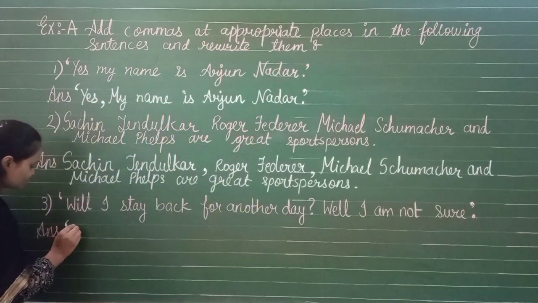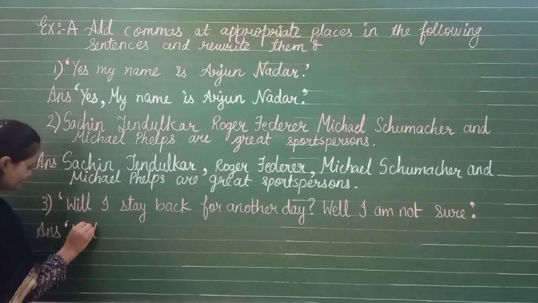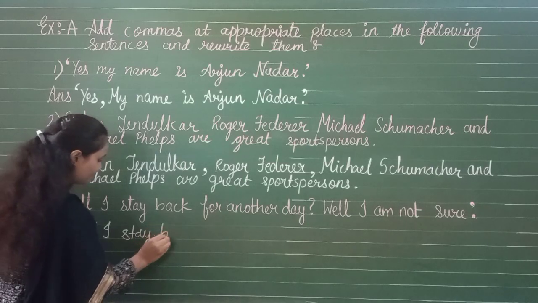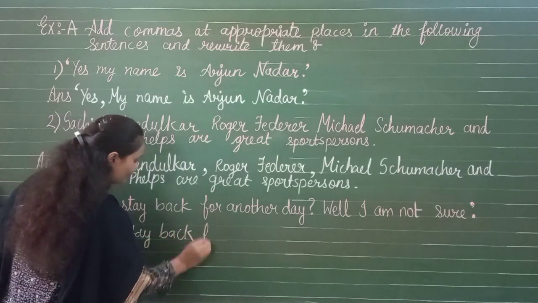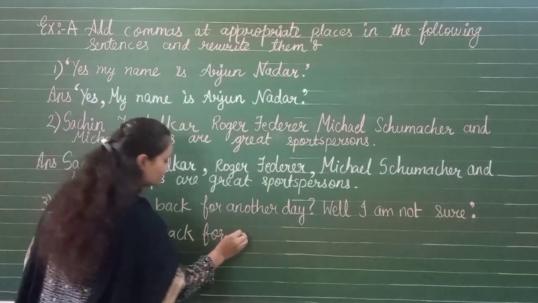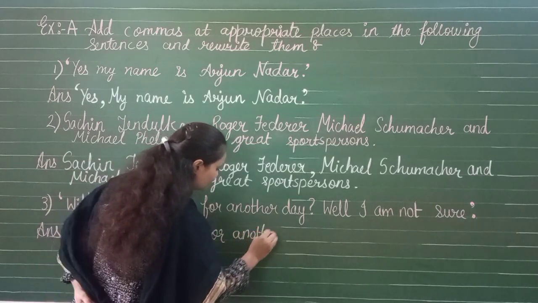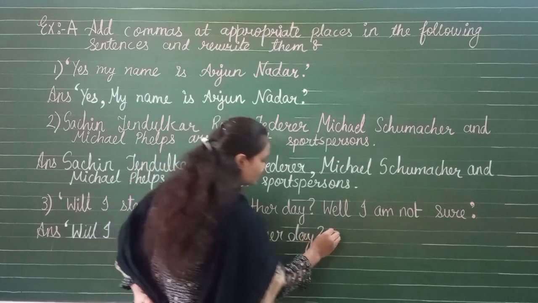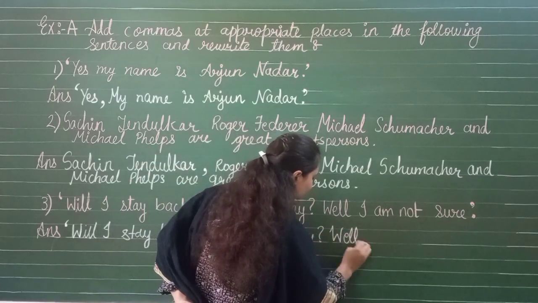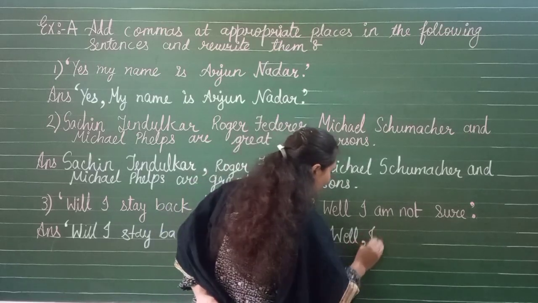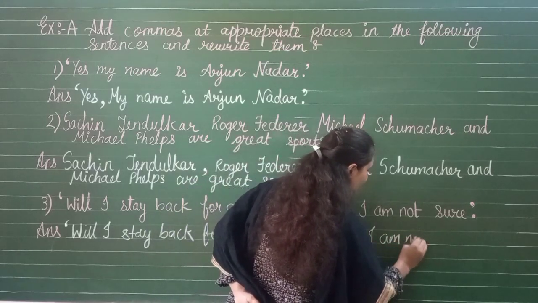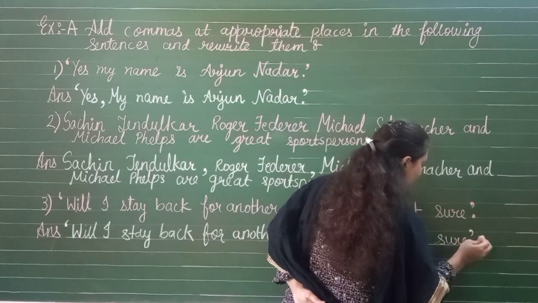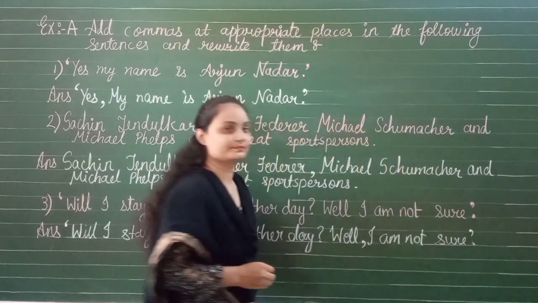First, as it is, quotation mark, will I stay back for another day? Question mark. Well, comma, I am not sure. As it is given, quotation mark complete and full stop.